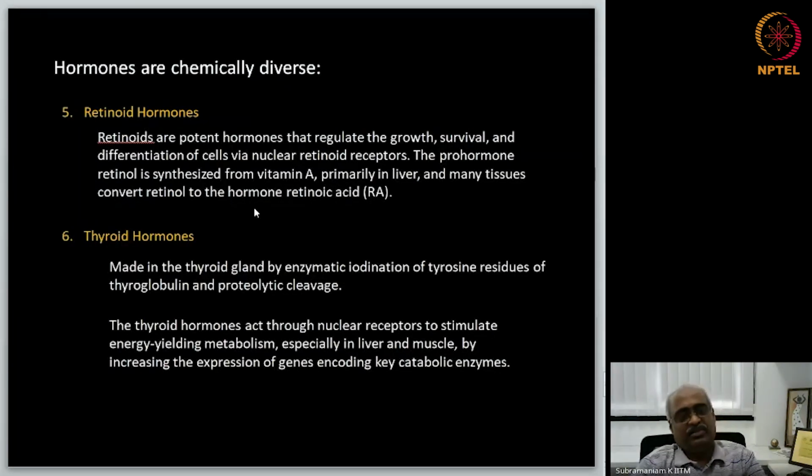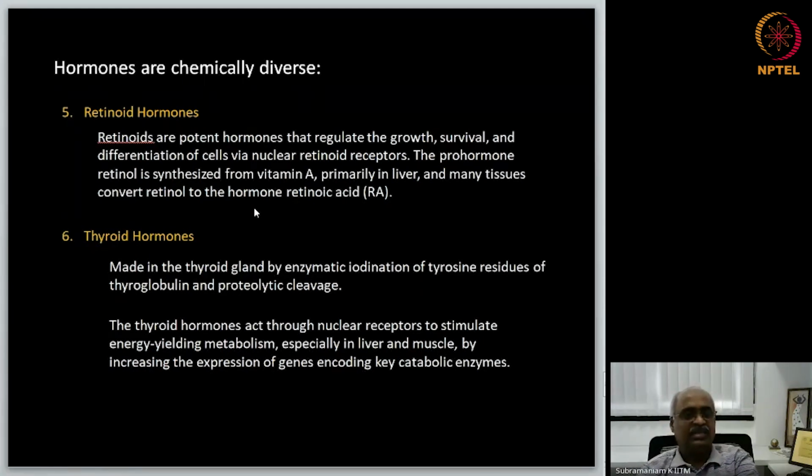So fifth, retinoid hormones. We have seen retinoic acid, right? Beta carotene breaks into 2 retinol, the alcohol version, and when that is oxidized, you have retinoic acid. Or it can become aldehyde, and then you have the cis-trans isomerism involved in light sensing.